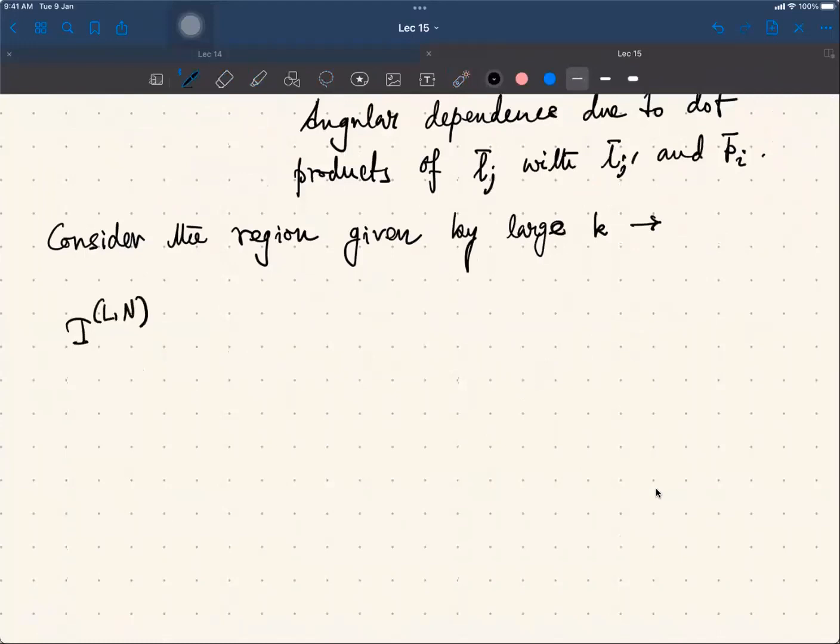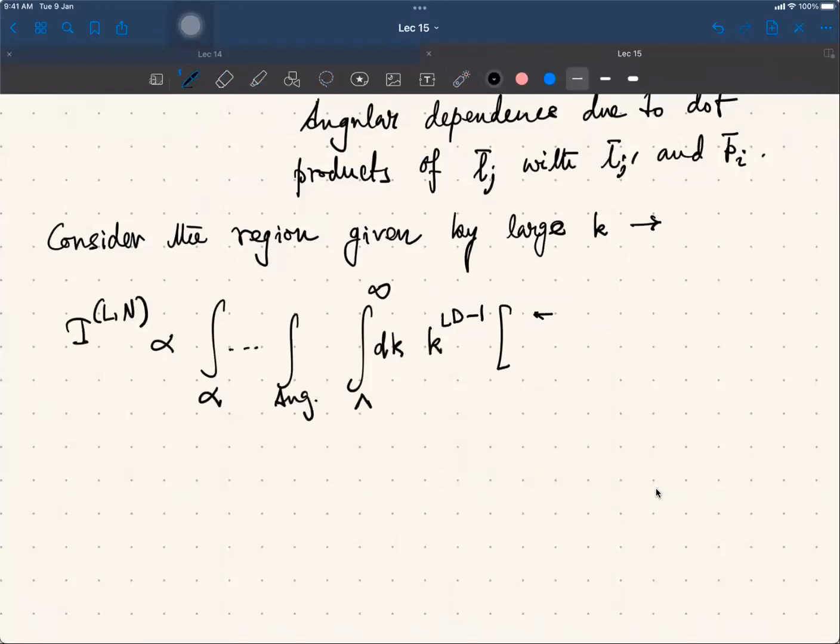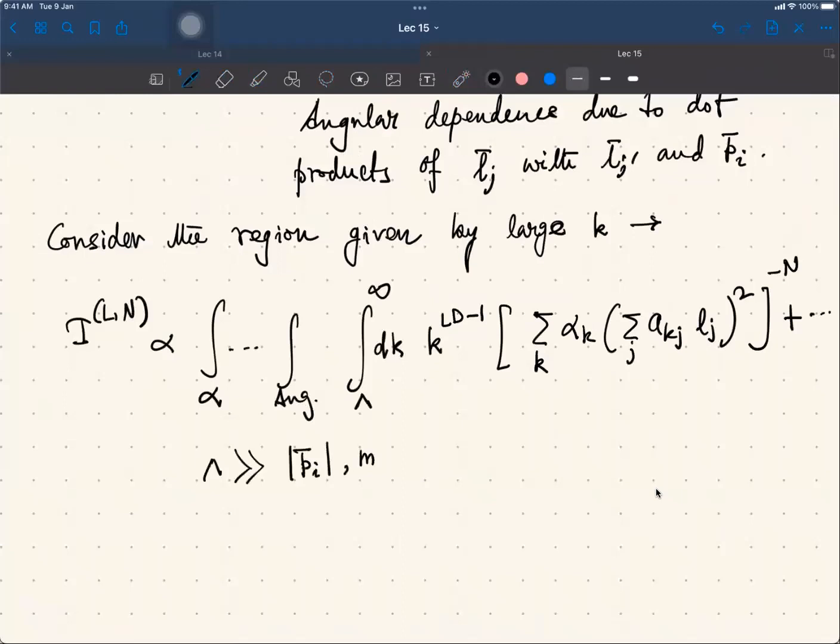That will be I L n proportional to the alpha integral, angular integral, then dk from lambda to infinity, k to the power LD minus 1, sum over k alpha k j a k j L j square to the minus n, plus of course contributions from other regions where lambda is much greater than mod p bar I, m for all I. I'm just separating out a particular portion of the entire result, and we'll argue that the divergence will come from that portion.